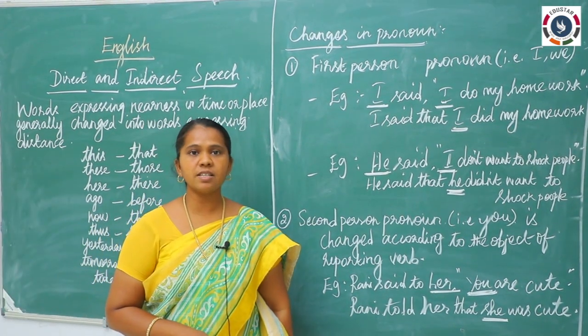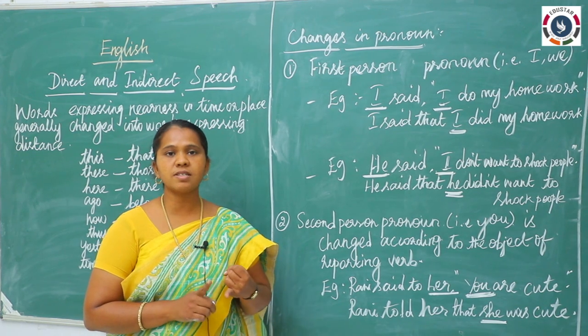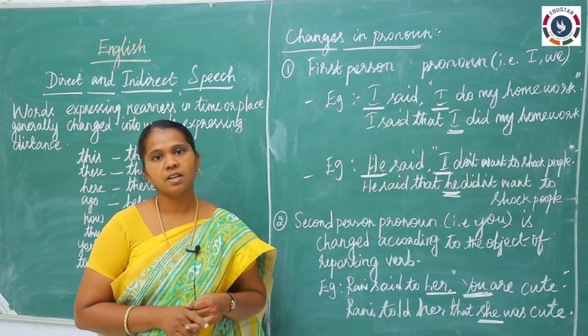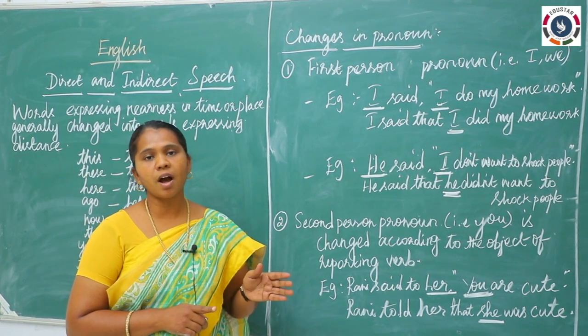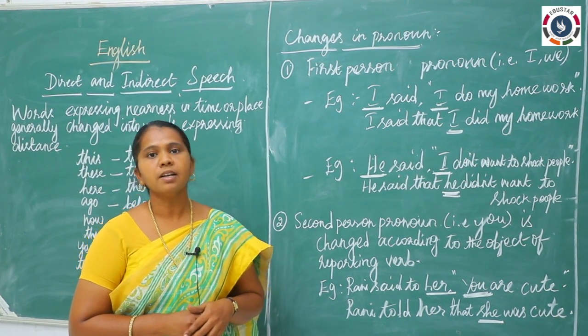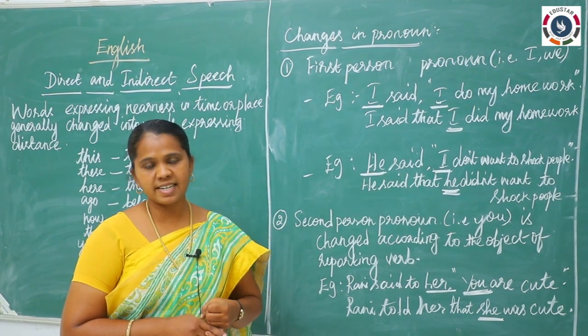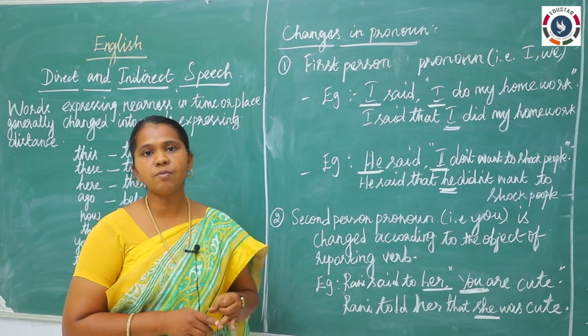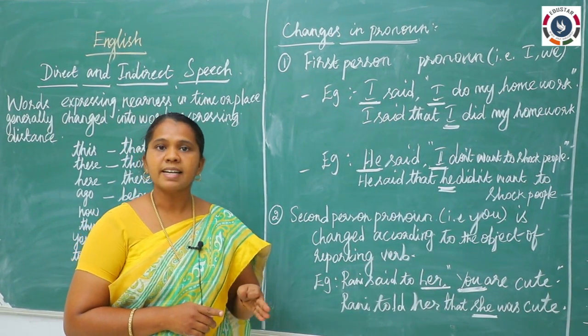So in this class, what did we learn? Let us recollect. First we studied what is direct speech and indirect speech. And second, we studied the rules to be followed before doing the conversion. What is the first step? Find out the sentence type. Second point, the reporting verb must be changed. The third point is to add a suitable conjunction.